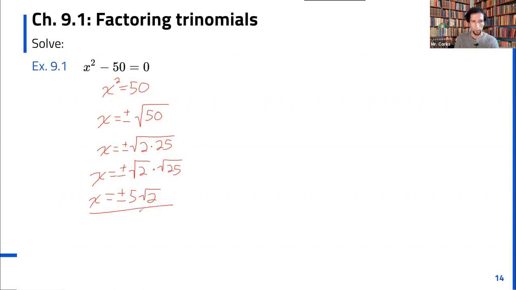Okay. From here, let's just do a little bit more. So there should be 2 values of x as solutions. So tell me the 2 things x could be equal to. Minus 5 root 2.